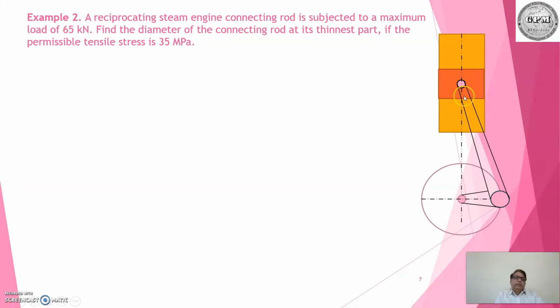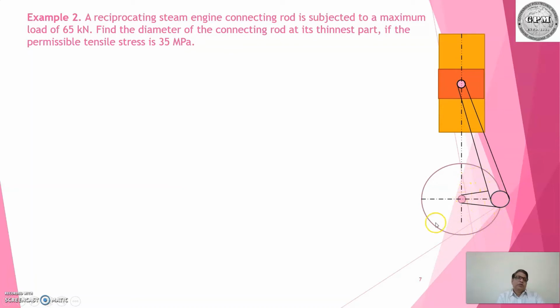This portion of the connecting rod, where it connects to the piston, is called the smaller end, and this is the bigger end. Of course, in this problem, what they have taken is the thinnest part. That means here the area is less, so there the failure occurs. This is the crank, and this is the connecting rod, and this end is generally larger to get a larger moment of inertia.